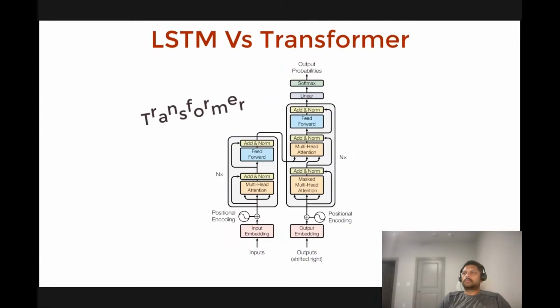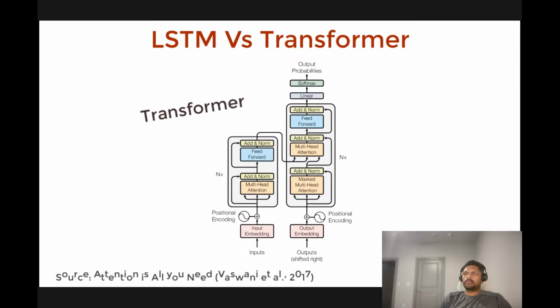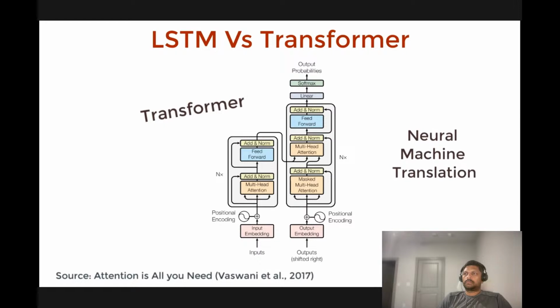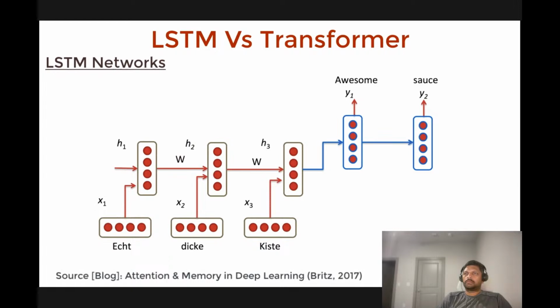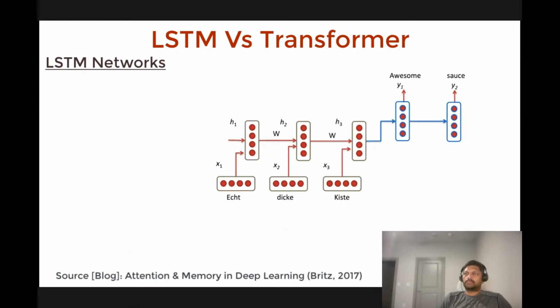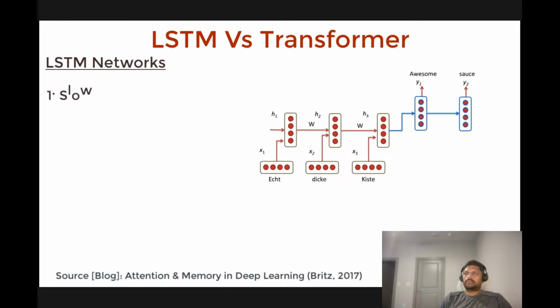This is the Transformer neural network architecture that was initially created to solve the problem of language translation. This was very well received. Until this point, LSTM networks had been used to solve this problem, but they had a few problems themselves. LSTM networks are slow to train. Words are passed in sequentially and are generated sequentially.